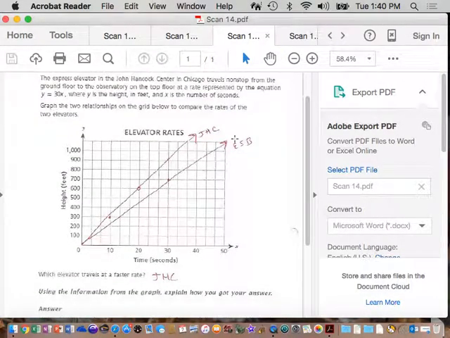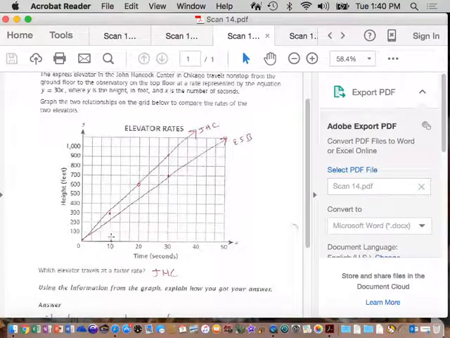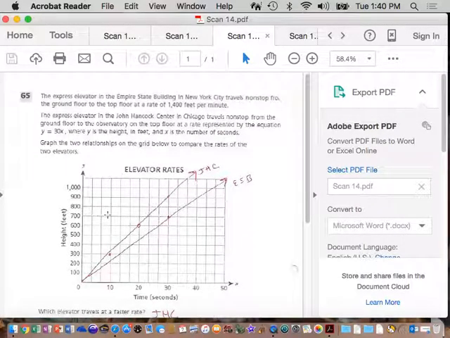Now, the way I did this one was to plug in certain values. This one says it's like 300 every 10 minutes. So I do 300, 10 seconds, I'm sorry. And then another 300 and 10, and another 300 and 10. The next one, I used the beginning and ending points. At time 0, 0, you're on the ground floor.